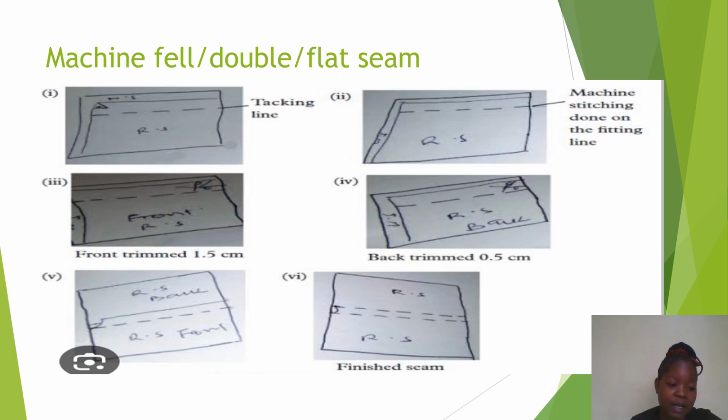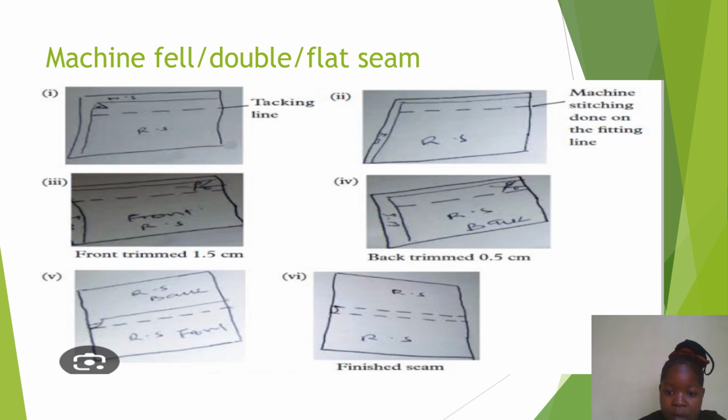Pin, tack and back stitch on the fitting line, remove pins and tacking, cut down one seam allowance to 0.5 centimeters, fold the wider edge over the trimmed fabric, pin, tack and hem flat the folded edge to the wrong side. So this is a finished seam.